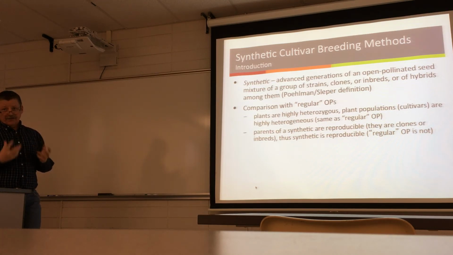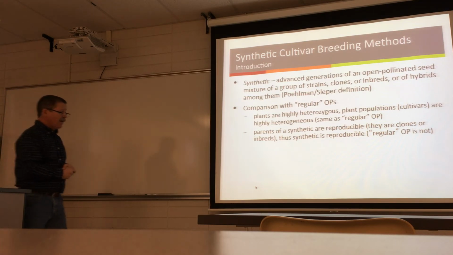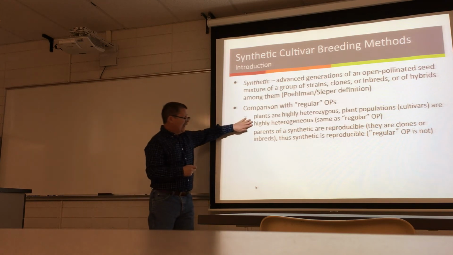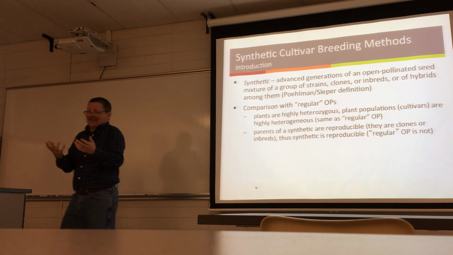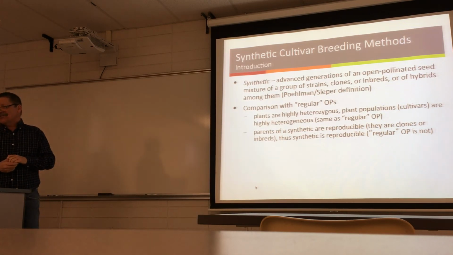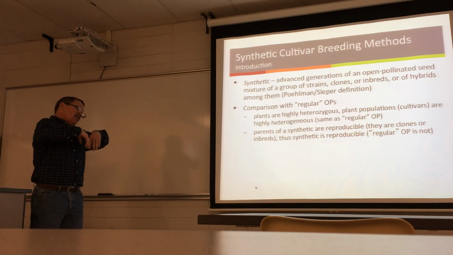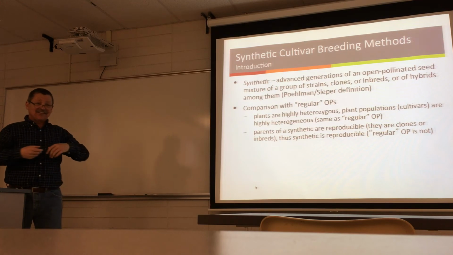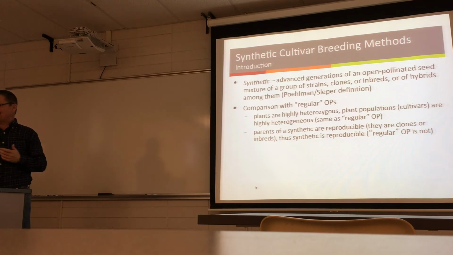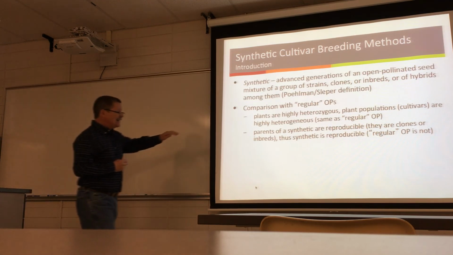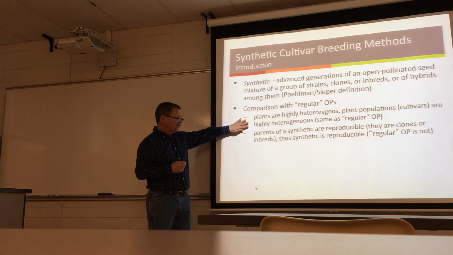Alfalfa is one very common crop whose breeding methods follow these sorts of schemes, and those are really mixed populations of individuals. It's always seemed really odd to me how they categorize it: this population is 40% resistant to this insect and 30% resistant to that insect. And so they're highly mixed populations of individuals.